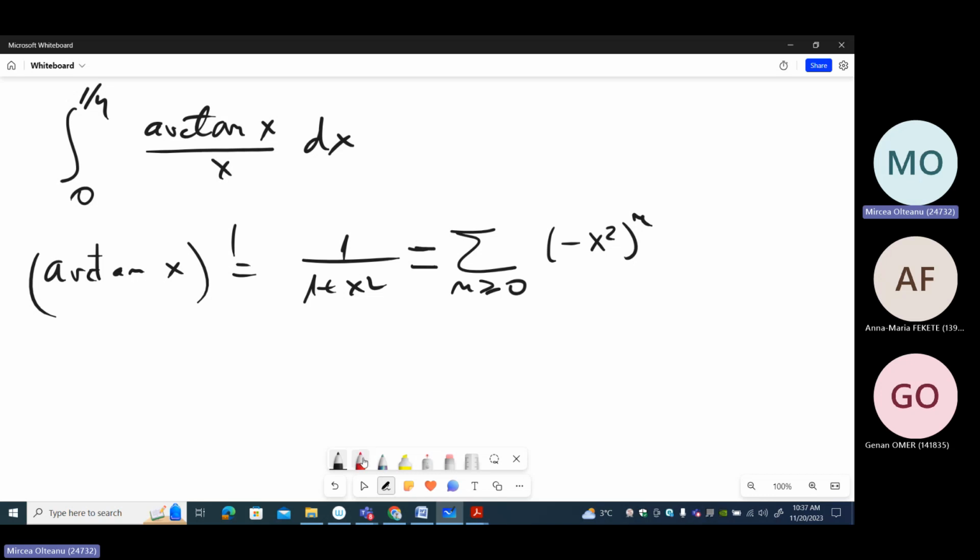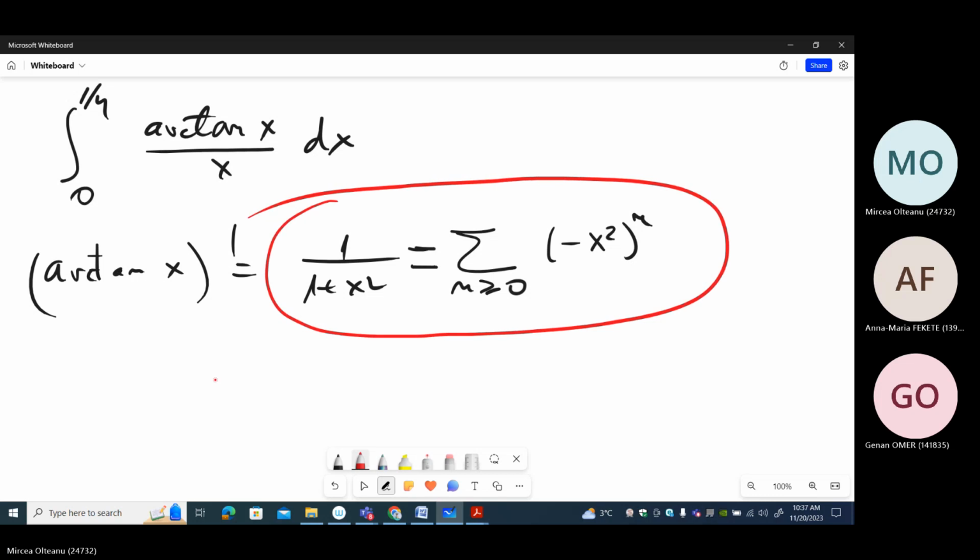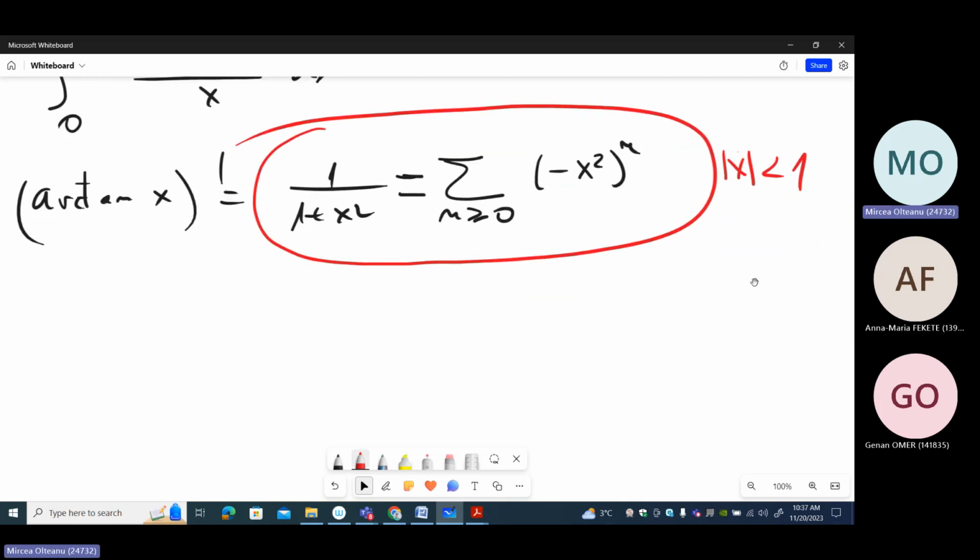Is it clear, this formula, where it comes from? Yes. It's the geometric series with the ratio minus x squared. Of course, it holds if modulo of x is less than 1. Actually, modulo of x squared less than 1, but it's equivalent with modulo of x strictly less than 1.